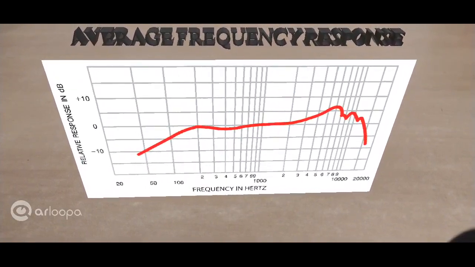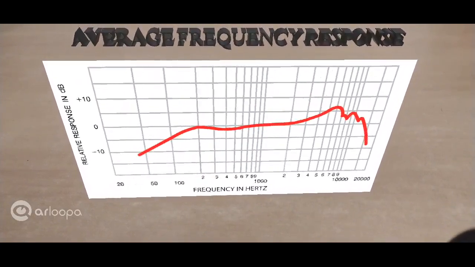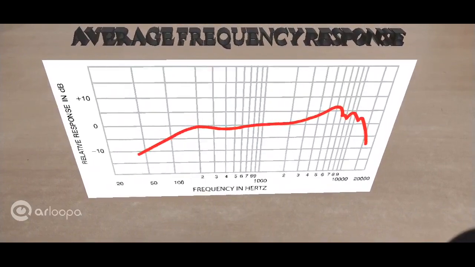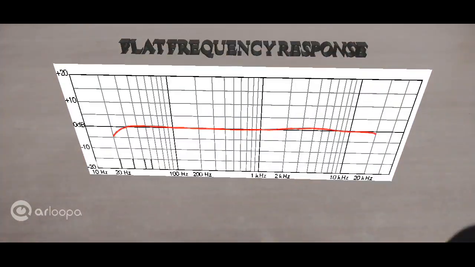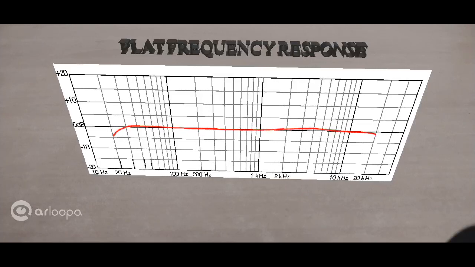Now let's look at a flat frequency response, something that an audiophile would love to have. Alright, this is an example of a flat frequency response. As you can observe, the graph is just a straight line. The deviation is zero, except in the lower bass region, from 20 hertz, 30 hertz, where it's going down. Otherwise, it's just flat. So what does this mean?